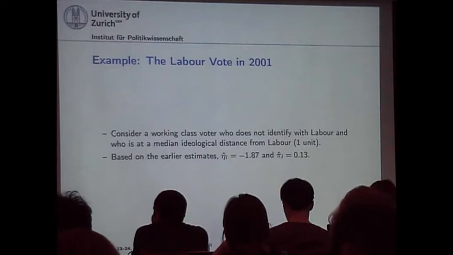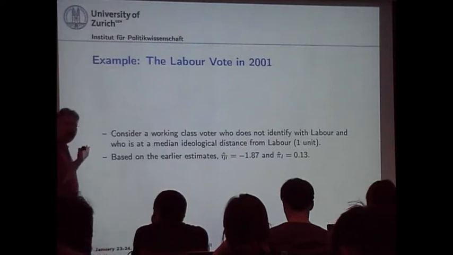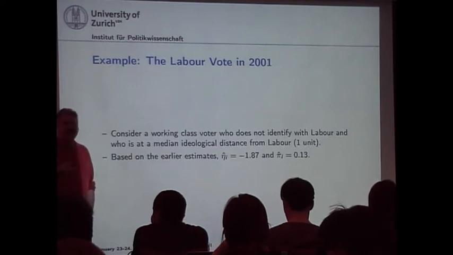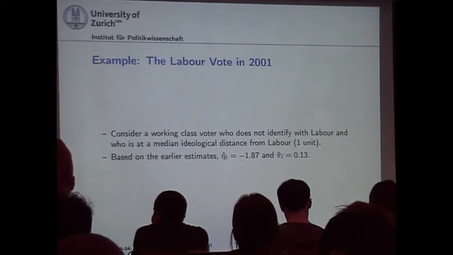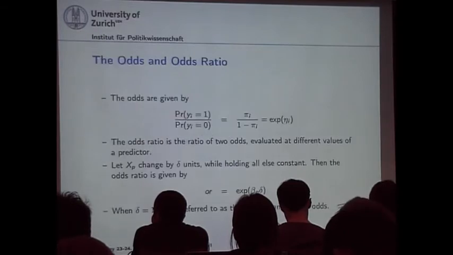And when we turn to odds ratios, which is where I want to go next, actually we can really start talking about the effects of a predictor in isolation from the effects of all other predictors.